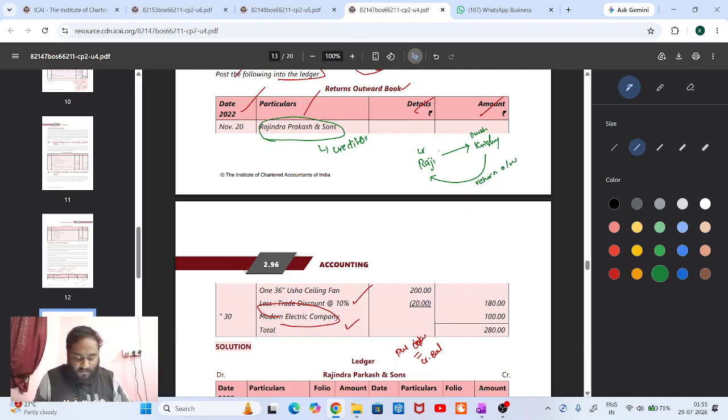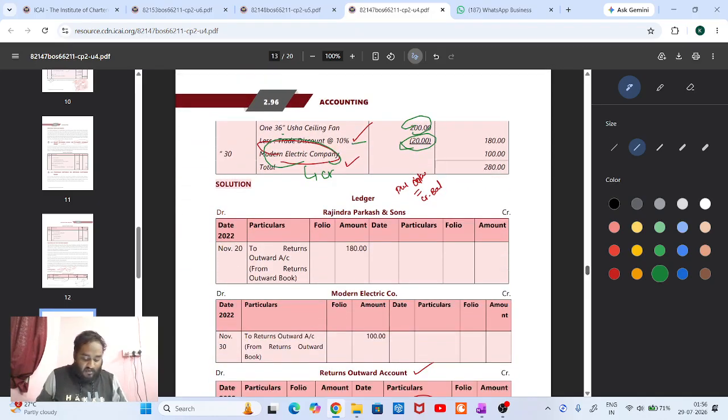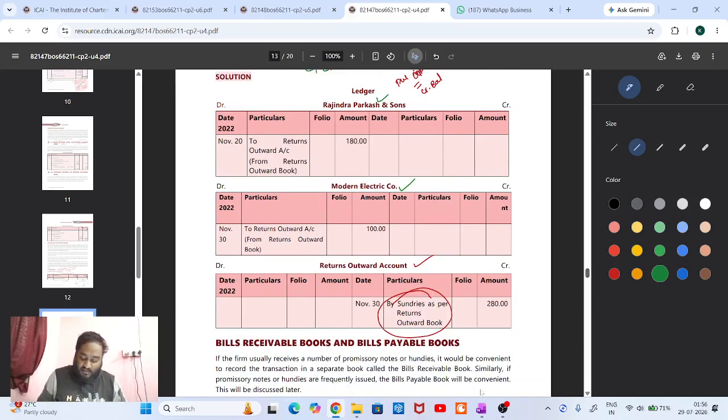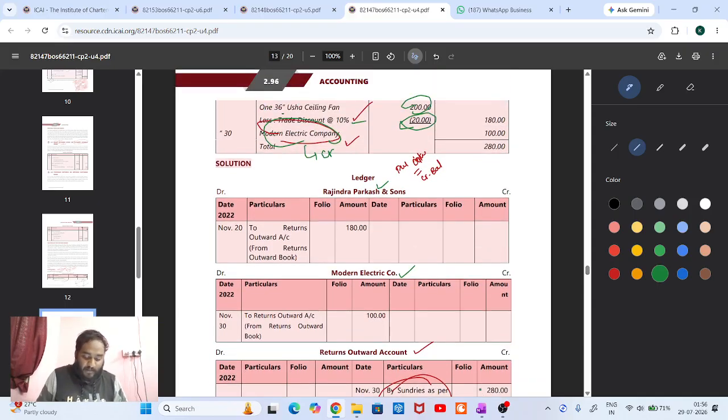Let's not dwell too much here. I guess you must have understood the concept. Ceiling fan, 200 rupees. Trade discount, 20 rupees. Modern Electric Company should also be a creditor. So there are two creditors. The point is, written outward. What is the journal entry?